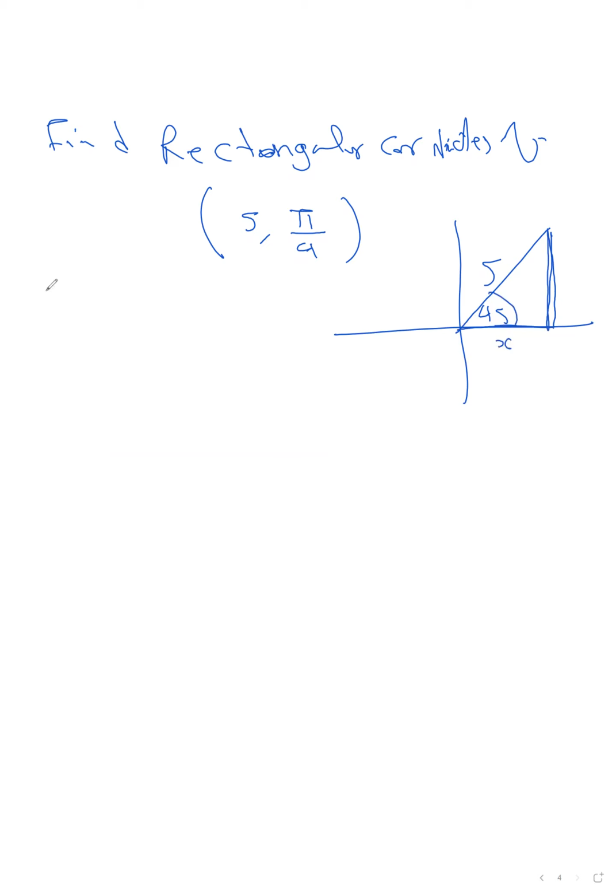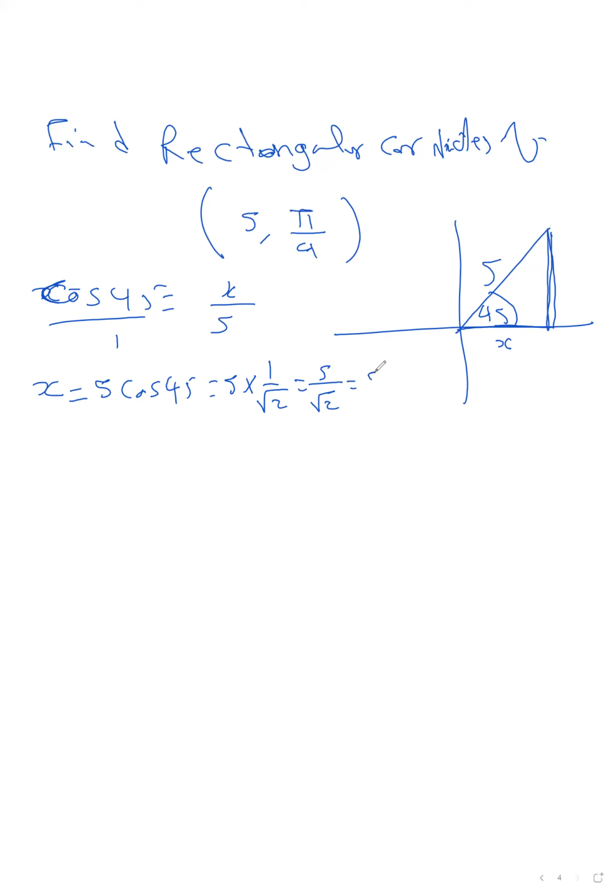الاكس هتبقى equals كام هنا؟ ممكن نقول كوزاين 45 equals x over 5، يعني x equals 5 cosine 45. It will be 5 times 1 over root 2, which is 5 over root 2, or 5 root 2 over 2.